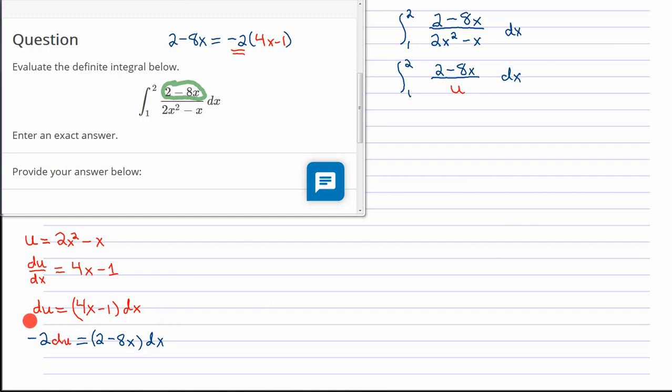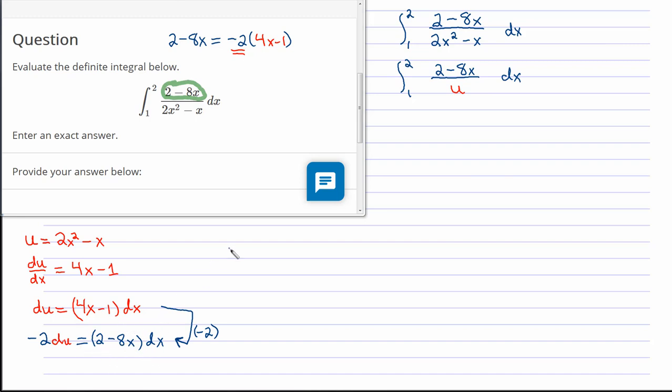What did I do? I took this equation and multiplied both sides by a -2. I should have shown my work better there. So on the left-hand side, it's just -2 times du. And on the right-hand side, -2 times -1 makes +2, and -2 times 4x makes -8x. So that's what I did there.